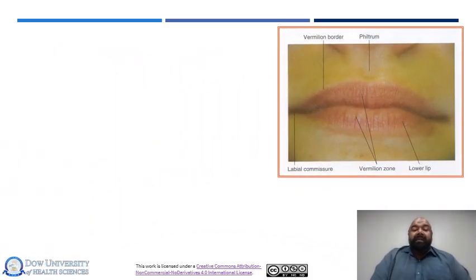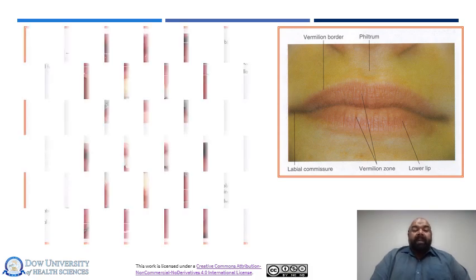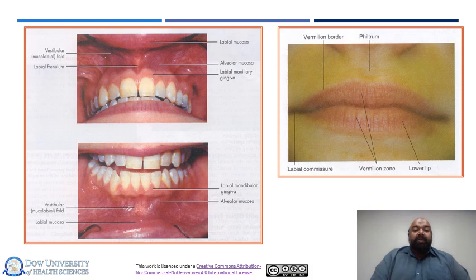This is another picture of the vermilion zone and the vermilion border for clarification purposes. And this is also how the alveolar mucosa is differentiated from the attached gingiva. The alveolar mucosa is reddish in color, while the attached gingiva, or the labial maxillary gingiva, is pale in color. This is because of two reasons.